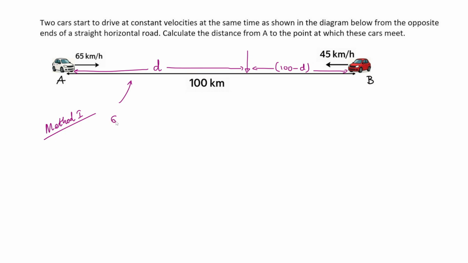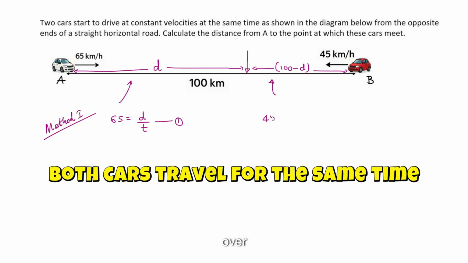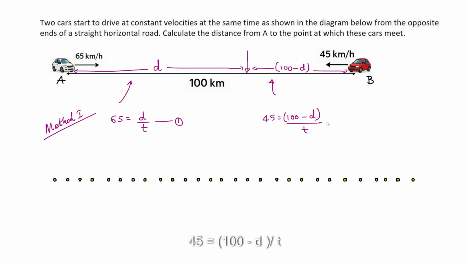So I know 65 is equal to D over T. For the second one, 45 is equal to 100 minus D over T.